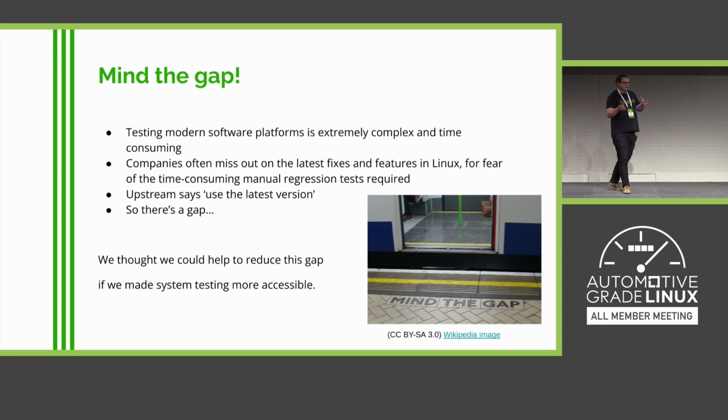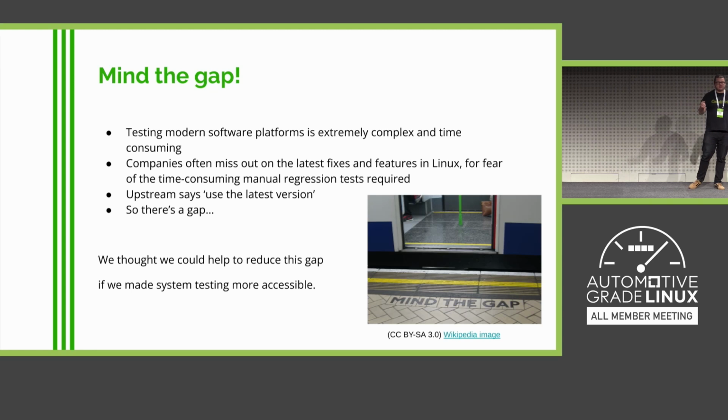People are wary about doing full system upgrades because of the huge cost and time involved in the regression tests to give you the confidence to do the upgrade. And what this means is that customers are then missing out on the latest features. And if you speak to the upstreams, their response will usually be, use the latest version. Okay, fair enough. But in reality, there is a gap between upstream and downstream.